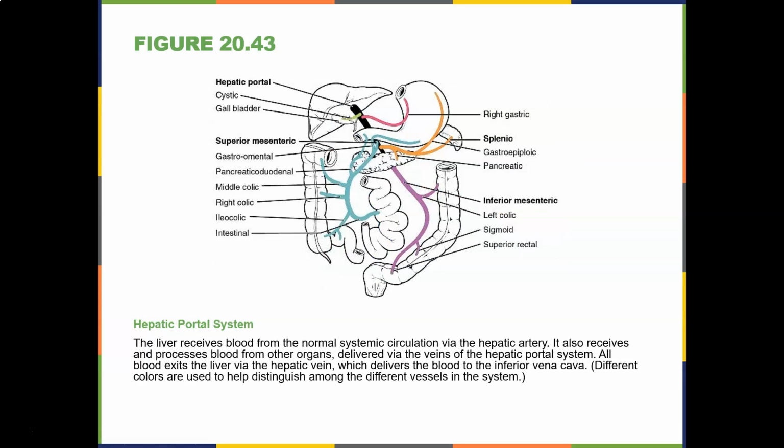The hepatic portal system, which is the liver. The liver receives blood from the normal systemic circulation via the hepatic artery. It also receives and processes blood from other organs delivered via the veins of the hepatic portal system. All blood exits the liver via the hepatic vein, which delivers the blood to the inferior vena cava and back to the heart.